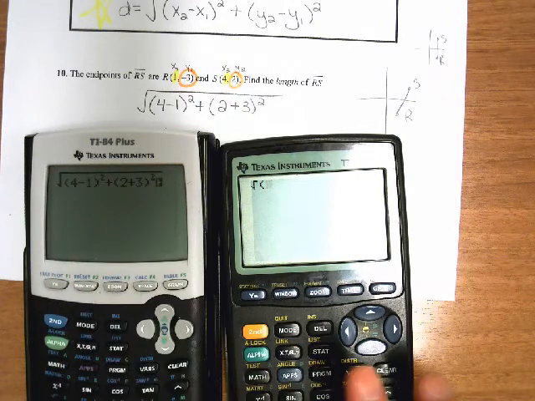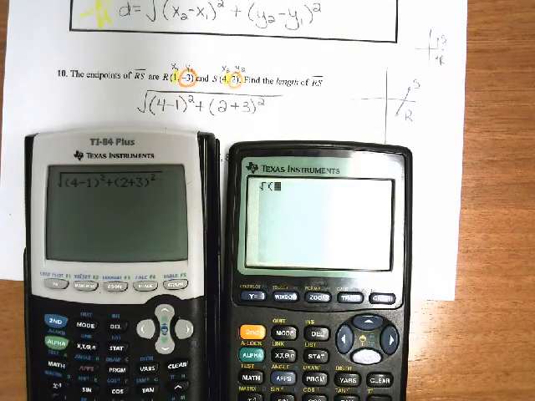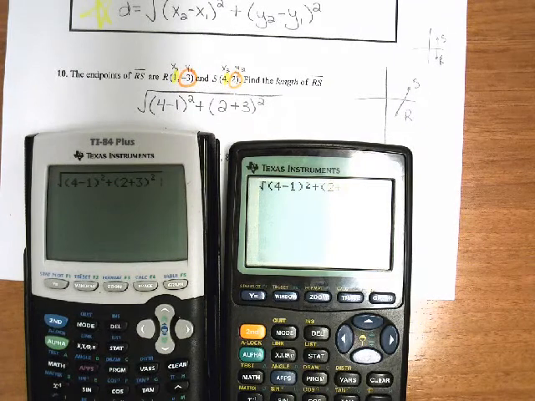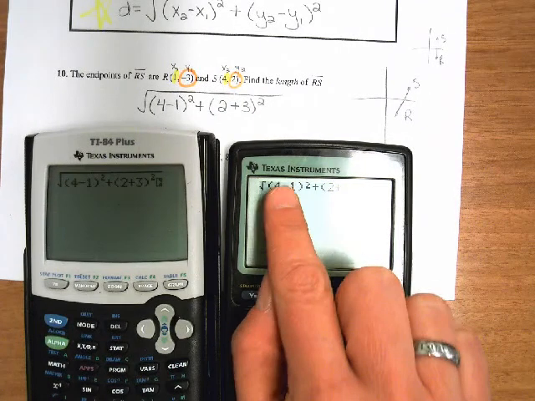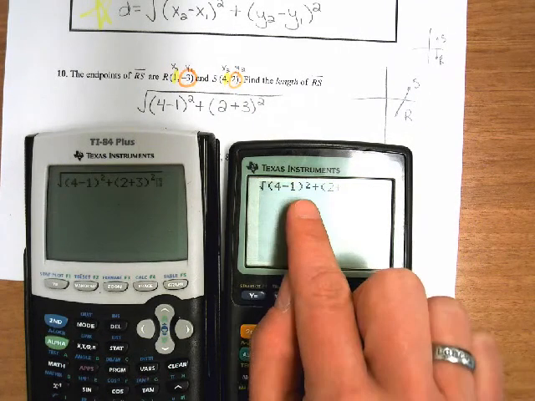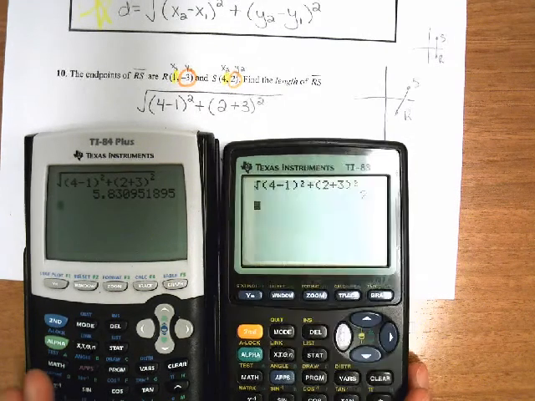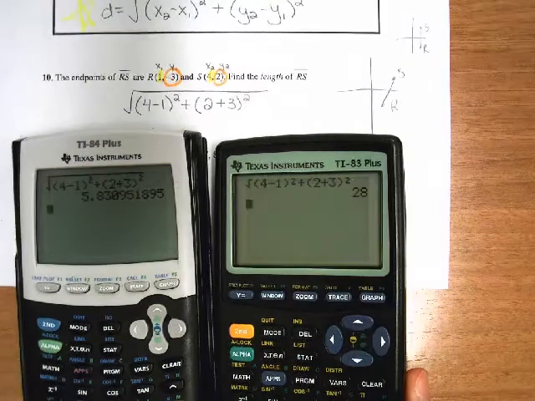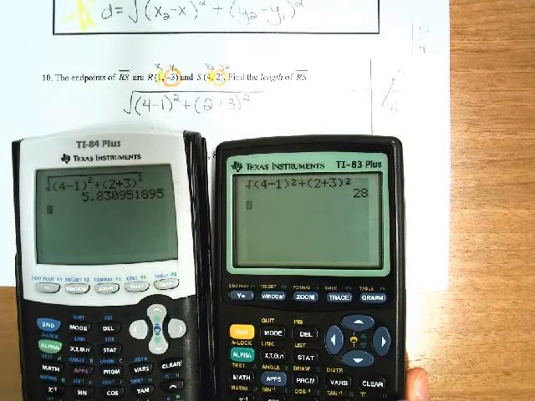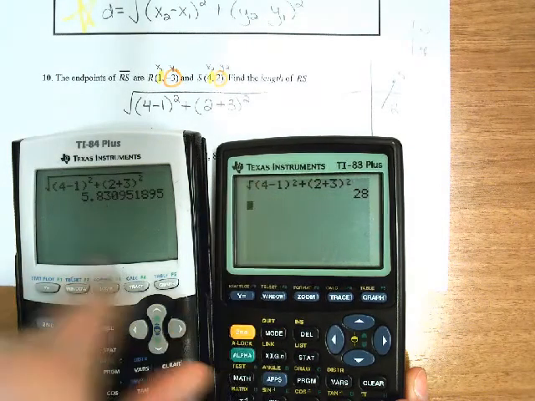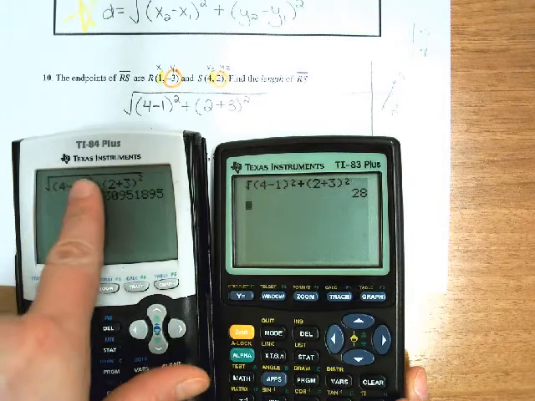So I can actually type this entire problem in without any issues, because do you see how my bar continues? On the older style calculator, if you do this, it's going to only take the square root of the first parenthesis. So this calculator is going to give you the wrong answer. Sorry, you can't really see the answer there. There we go. It's got a little glare to it.